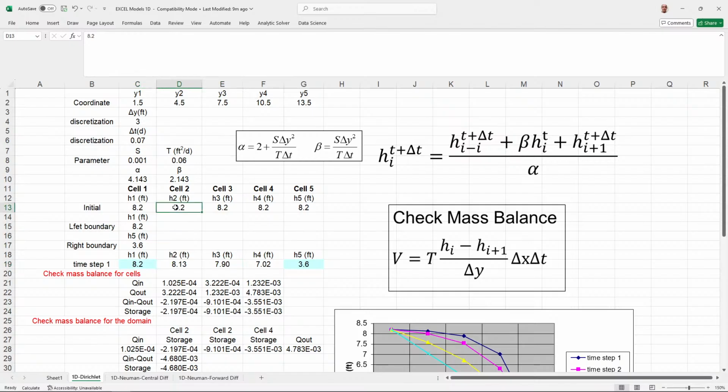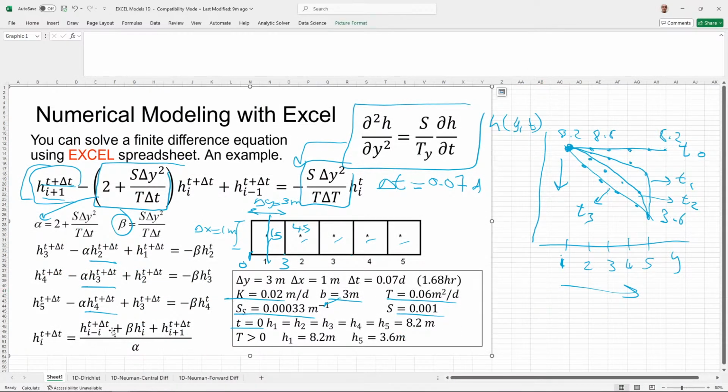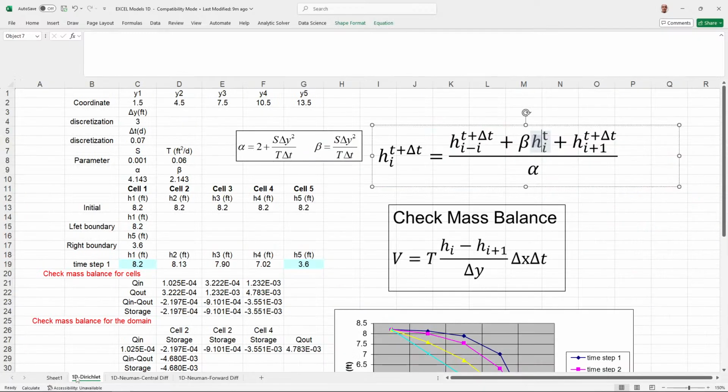So we take this value as the previous time step divided by alpha. This is from this equation here, which is the general form of these equations. You're solving for h, so you bring h to the one side and everything else to the other side, and then you divide by alpha, and then you get this equation.